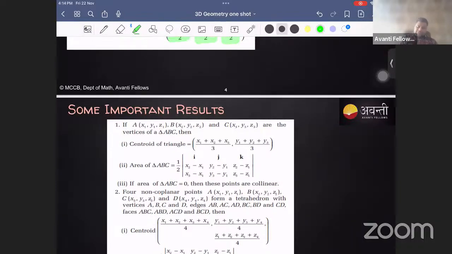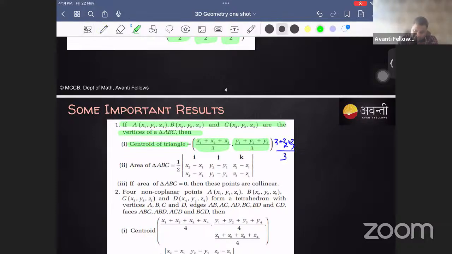Now, if A (x1, y1, z1), B (x2, y2, z2) and C (x3, y3, z3) are vertices of a triangle, then the centroid of the triangle is (x1 plus x2 plus x3) by 3, (y1 plus y2 plus y3) by 3, along with (z1 plus z2 plus z3) upon 3. Am I clear?